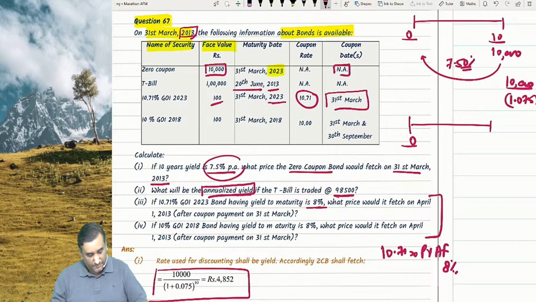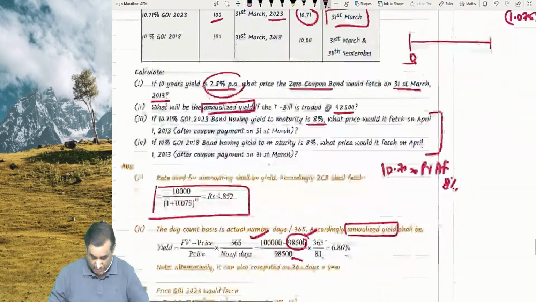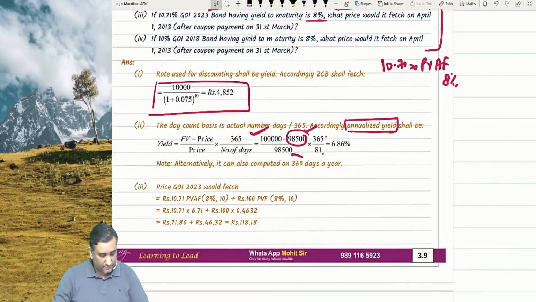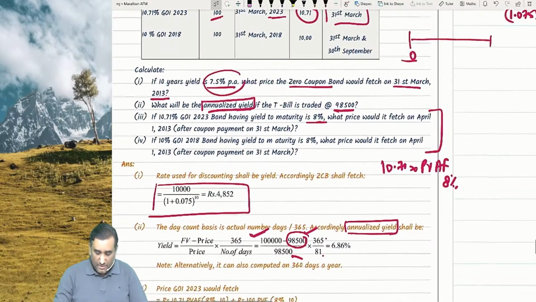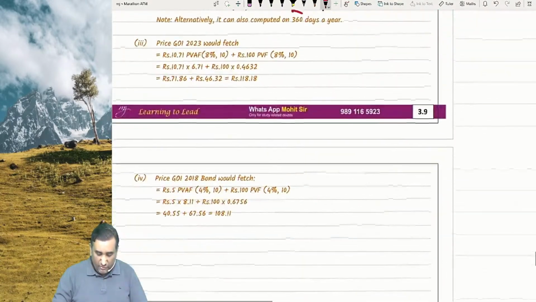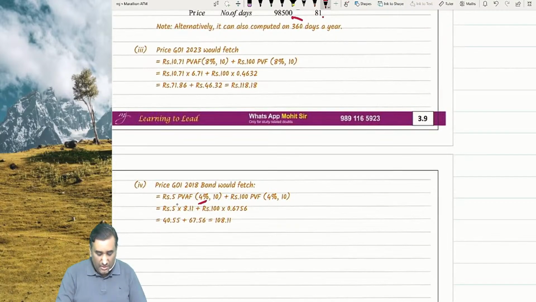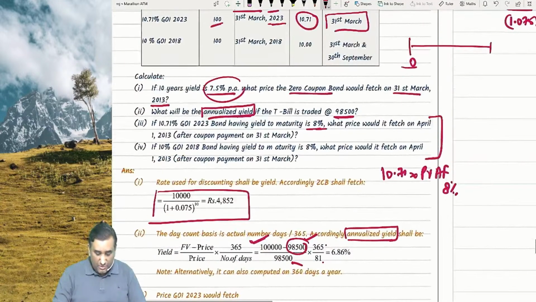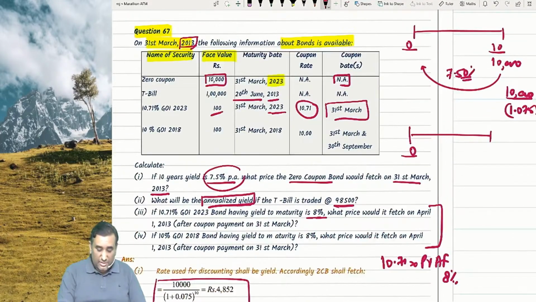Annuity factor: 10%, 8% for how many years? 10 years. The last one is semi-annual. Semi-annual discounting will happen by 4%, and instead of 10% coupon, you'll receive half.